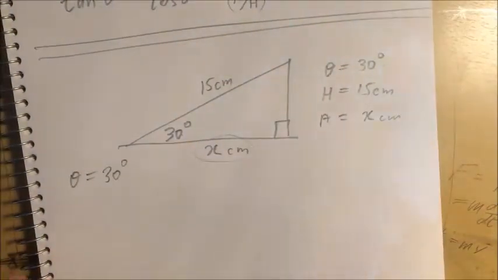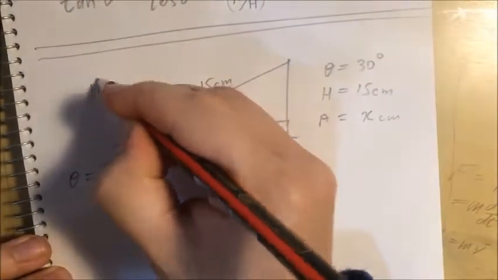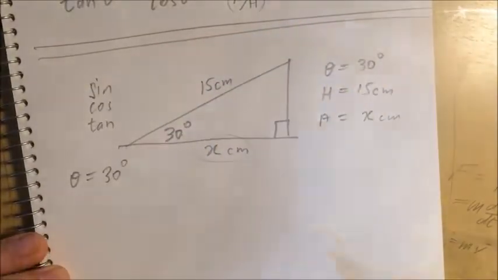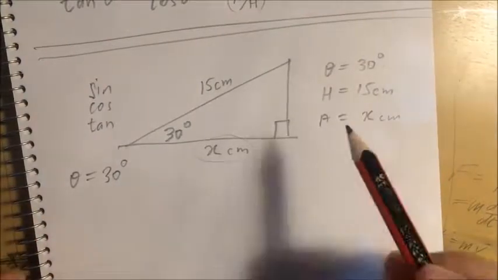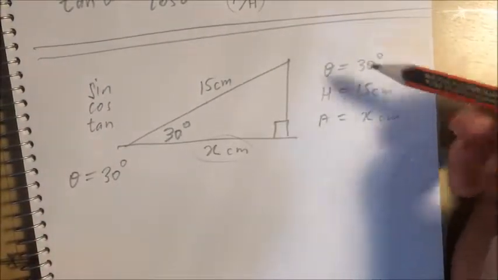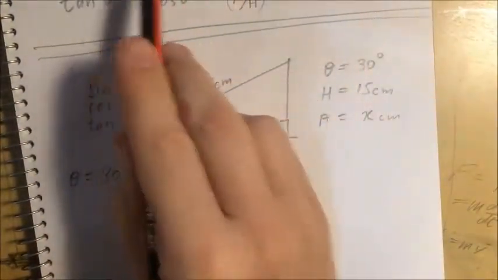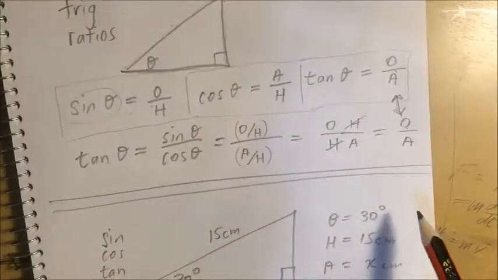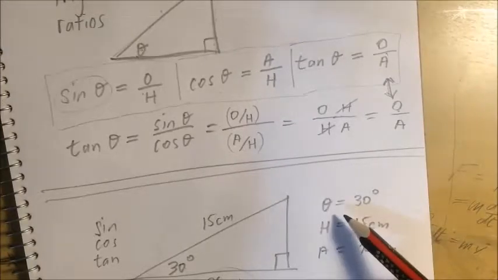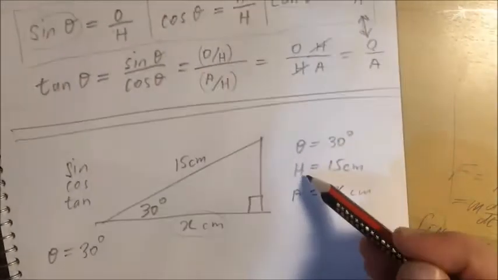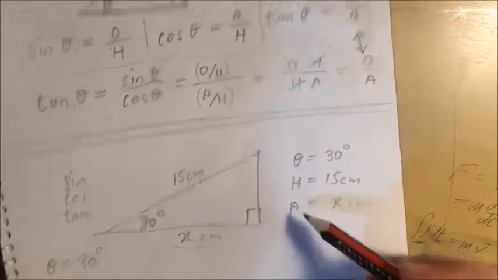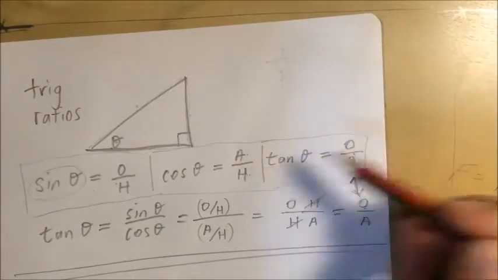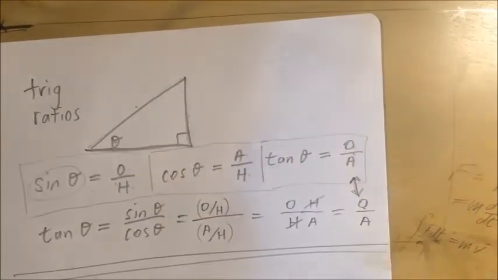So we can use sine, cos, or tan to solve this. The next thing to look at is what do we have, and compare it with these here. We have a hypotenuse and an adjacent. Cos has an adjacent and hypotenuse. There's no other one here that does that.